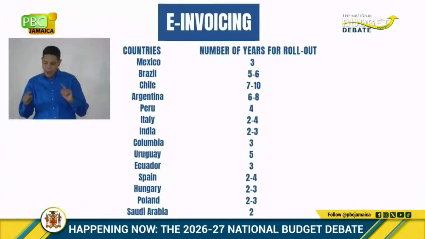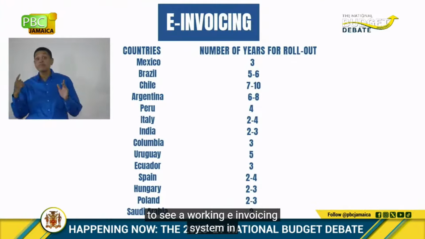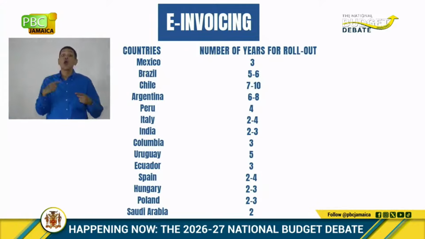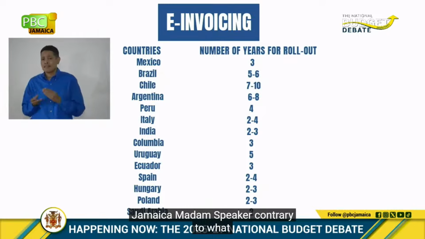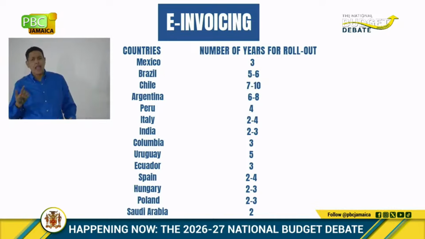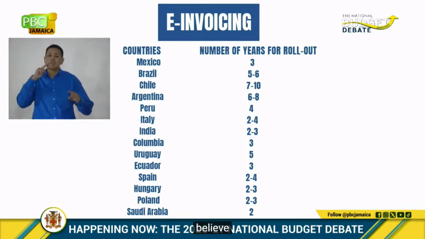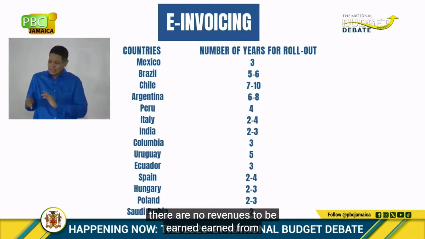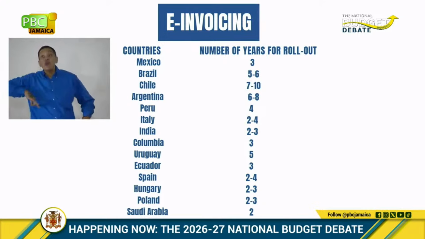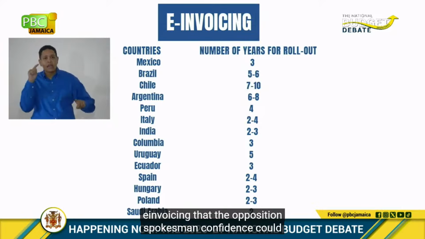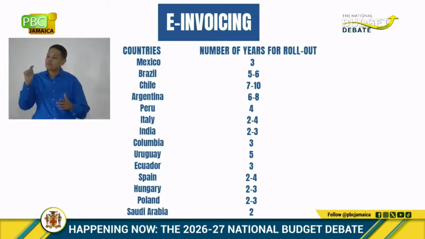Madam Speaker, contrary to what the opposition spokesman on finance would have us believe, there are no revenues to be earned from e-invoicing that the opposition spokesman on finance could credibly include in the budget for this upcoming fiscal year.